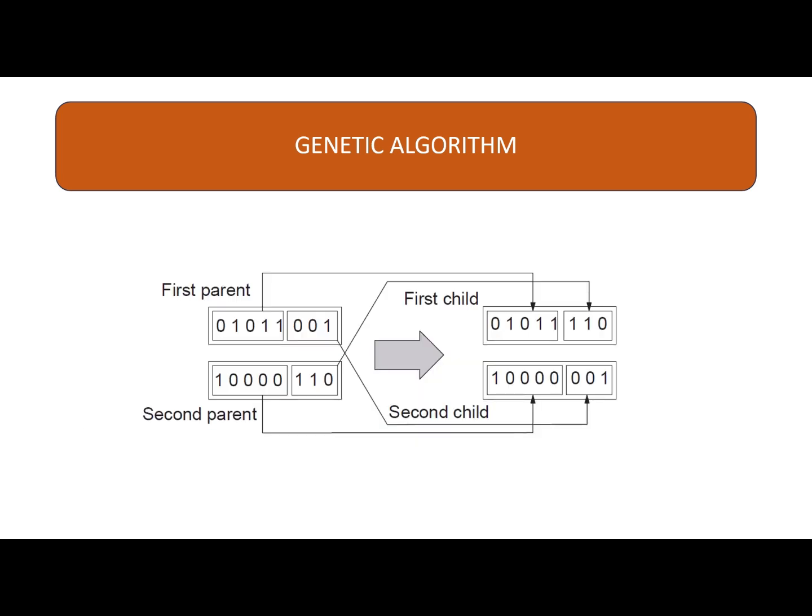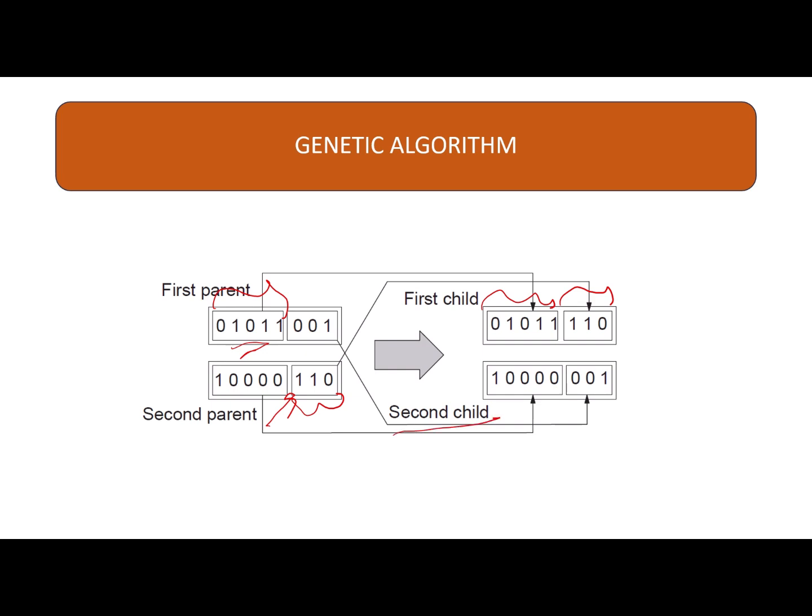So this is one type of formation of the child. For example, this is the first parent and this is the second parent. How do I form the child? I take the first half up to a particular point, right here, and the second part is taken from the second parent.